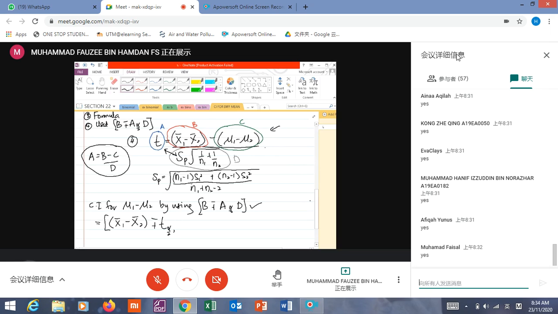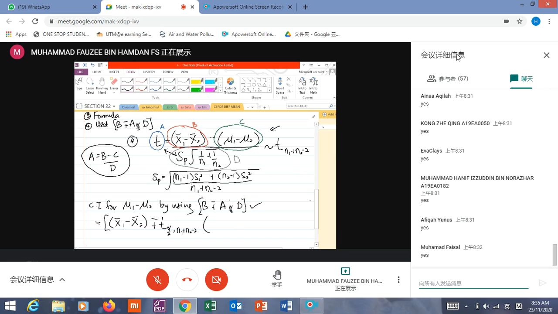It follows T with n1 plus n2 minus 2. We need this information when we want to read the T distribution table.